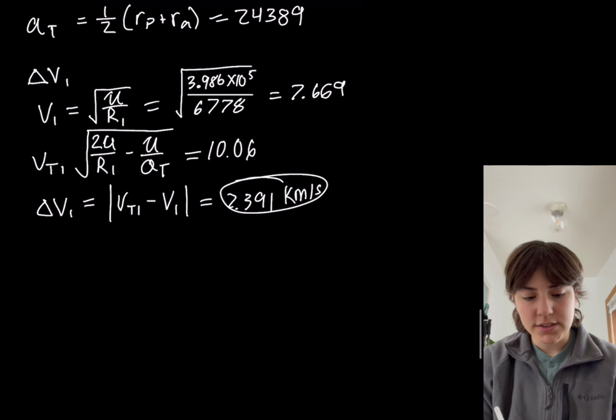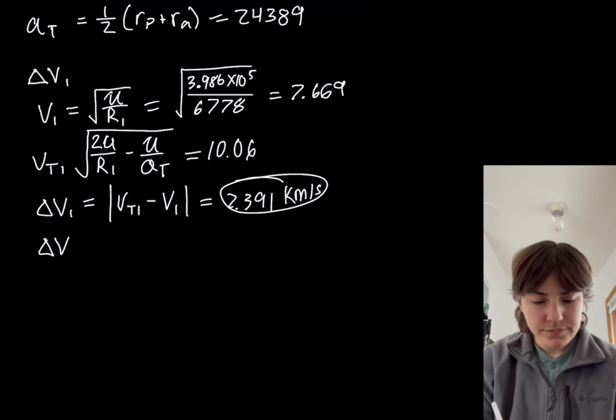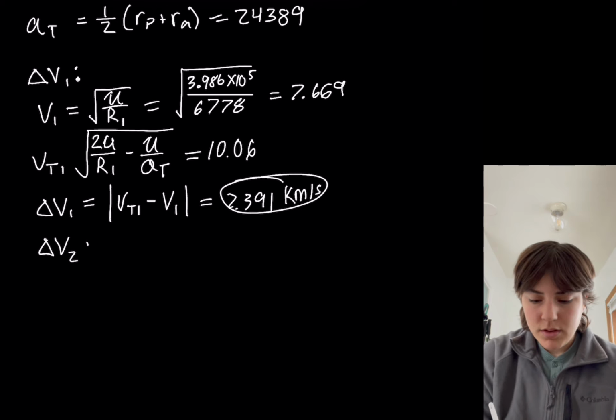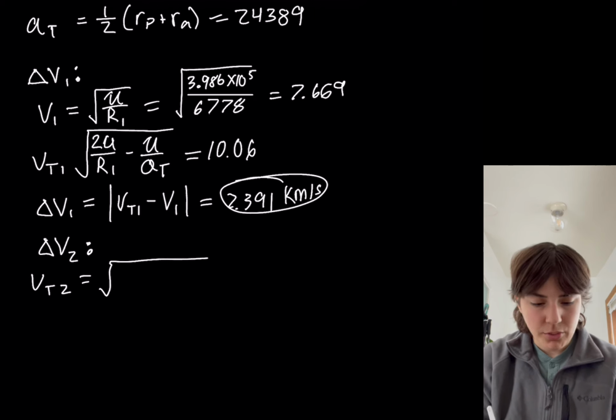So we need to find delta V2 to get from the transfer orbit onto the second orbit. And so the velocity right before that would be on the transfer orbit. So we need this elliptical orbit equation.